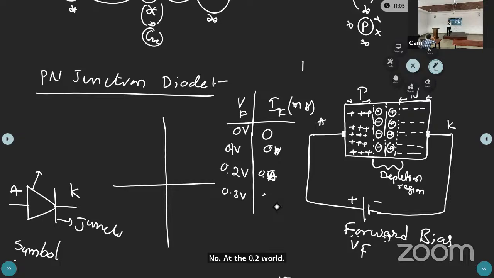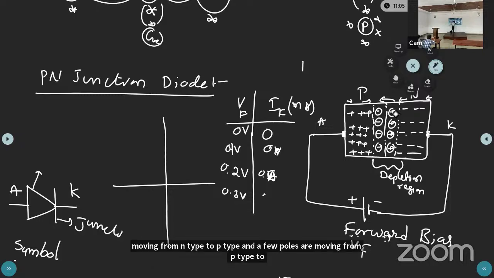If you increase the applied voltage, that is the battery voltage, the barrier width will become thin. So from the thin region, some electrons will cross the junction, not all, only a few, because a thin layer is there. Because of the thin layer, only a few electrons are moving from N-type to P-type, and a few holes are moving from P-type to N-type.